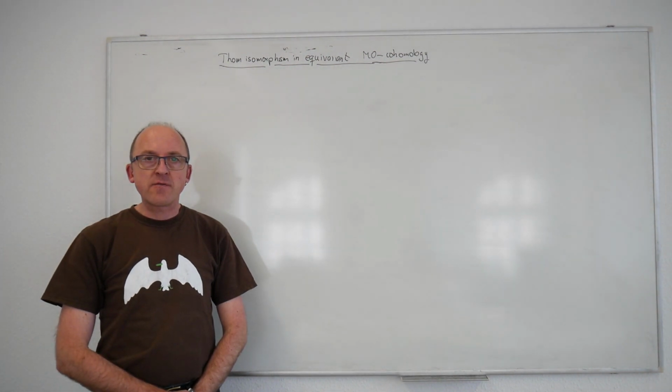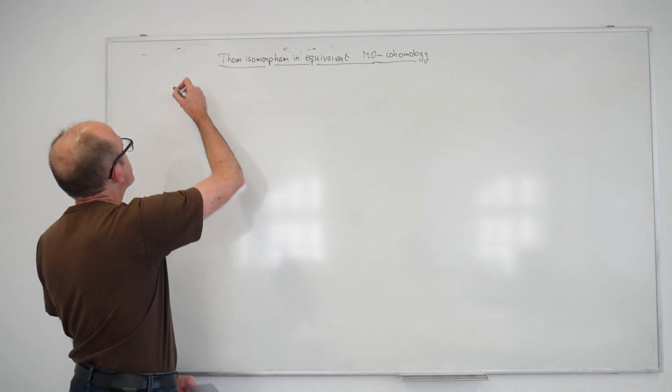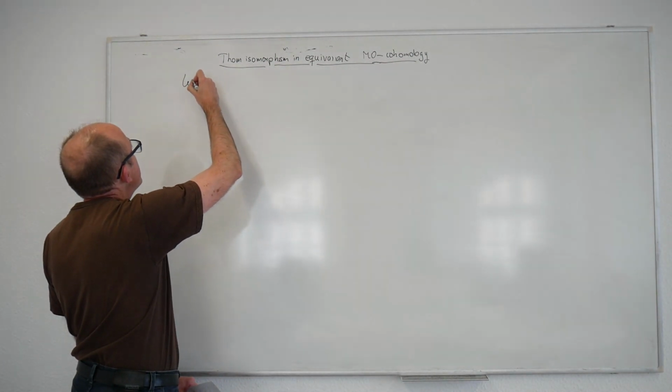Here's how the Thom isomorphism in equivariant MO-cohomology works out. Suppose we have an equivariant vector bundle.